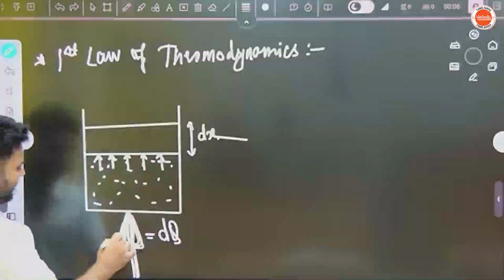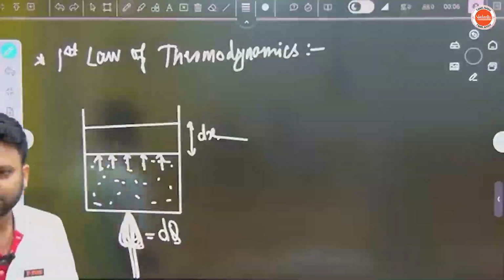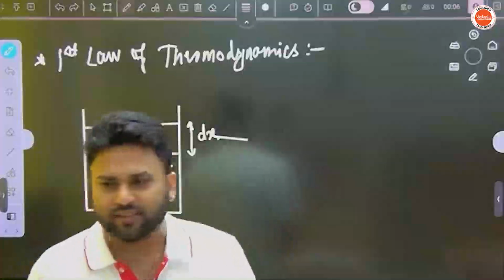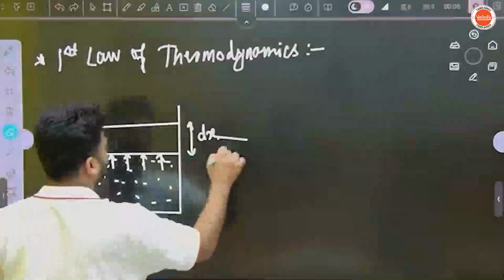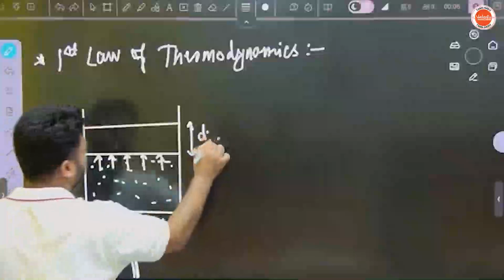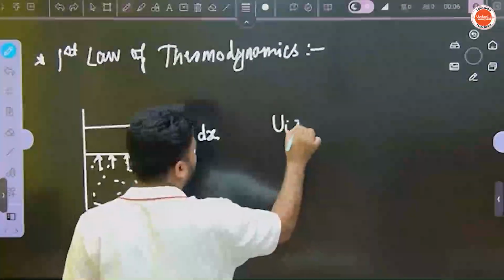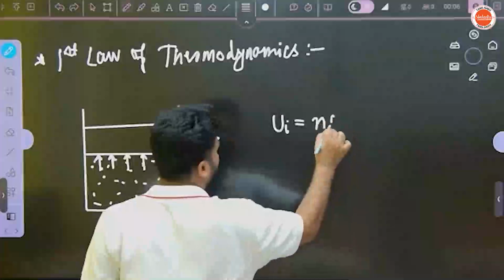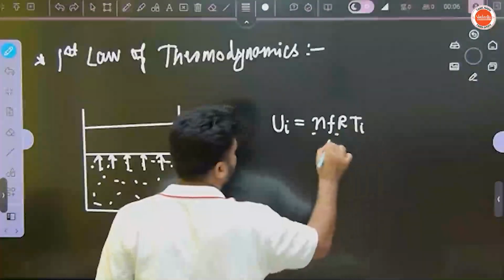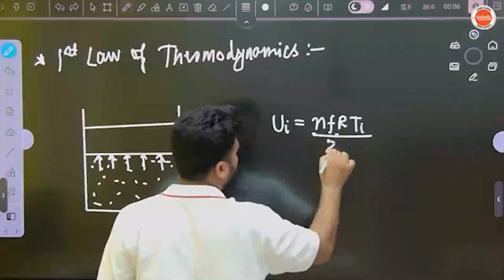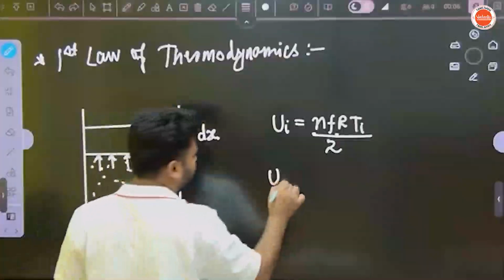Achha, when you are heating this gas, the temperature of the gas is also increasing. Suppose U was the U initial. What can I write? nCvT initial by 2. This is the formula for U. But since you are providing heat, the temperature will increase now.